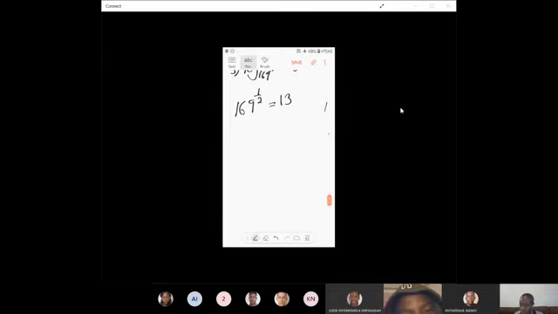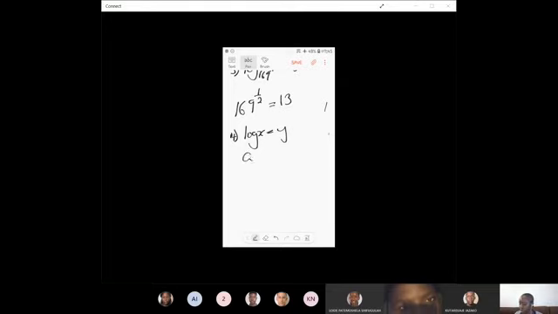And number 4, I have log x is equal to y. Here, mention that the base is not written, unlike the previous questions that we did. This means that the base is equal to 10. And this is what we call a common logarithm.